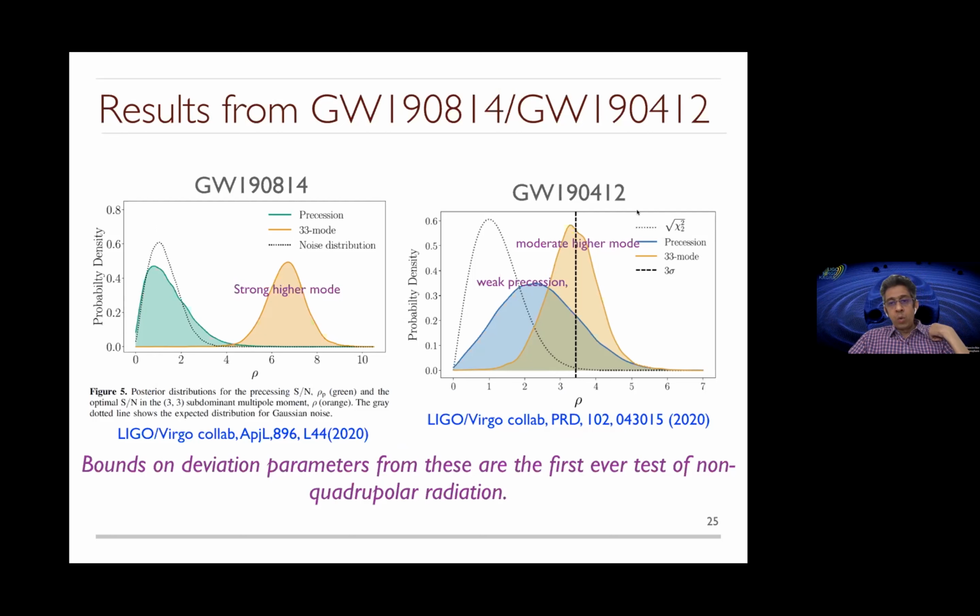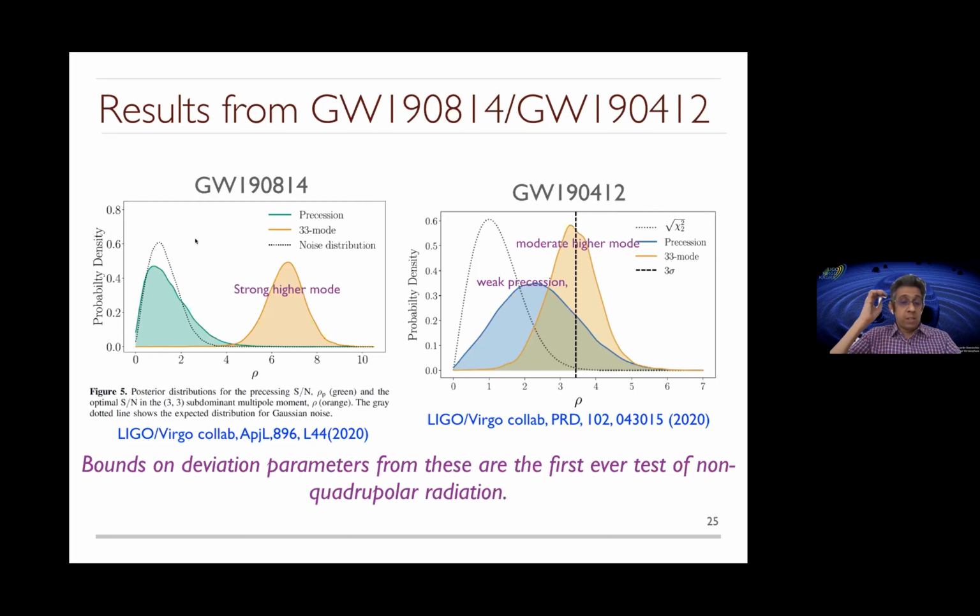In the case of 1904-12, it showed weak precession because it is slightly offset, and some evidence for higher modes. However, these two are important because these are the two events for which we showed very strong evidence for the presence of higher modes. Earlier, all the tests we were doing were only on the quadrupolar part.